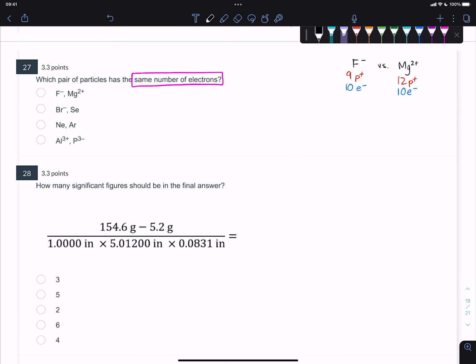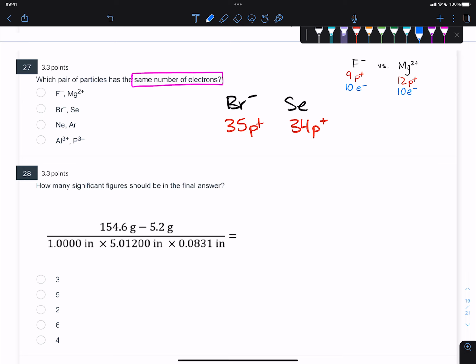So let's take a look at the bromide ion and a neutral selenium. Bromide always has 35 protons. Compare that to selenium always having 34. And then we want to do some math to figure out how many electrons they have.